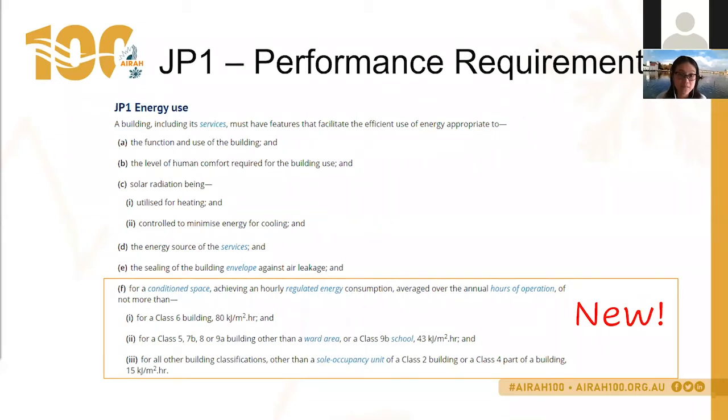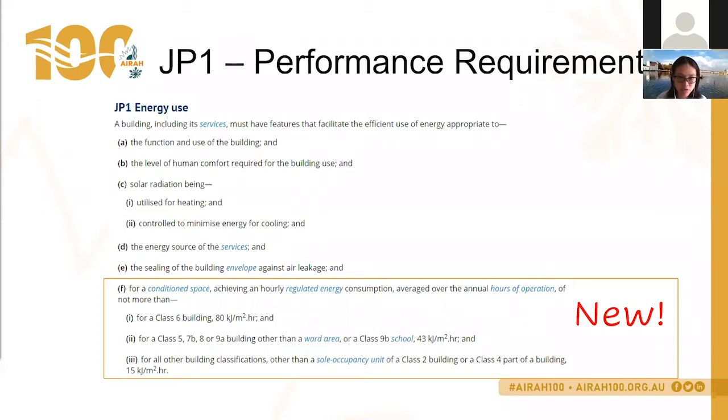So it only covers the equipment or components that are regulated within code. And of course, there's average over the annual hours of operation, and then you have separate kilojoules per square meters per hour requirements for class 6, so that's retail. You've got class 5, 7B, 8, 9A.